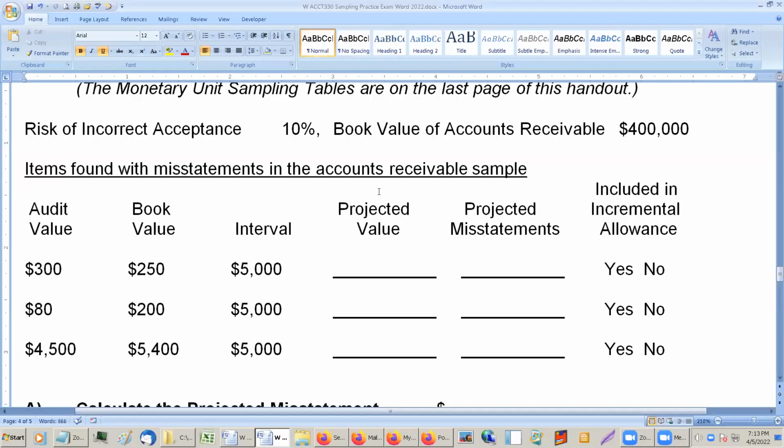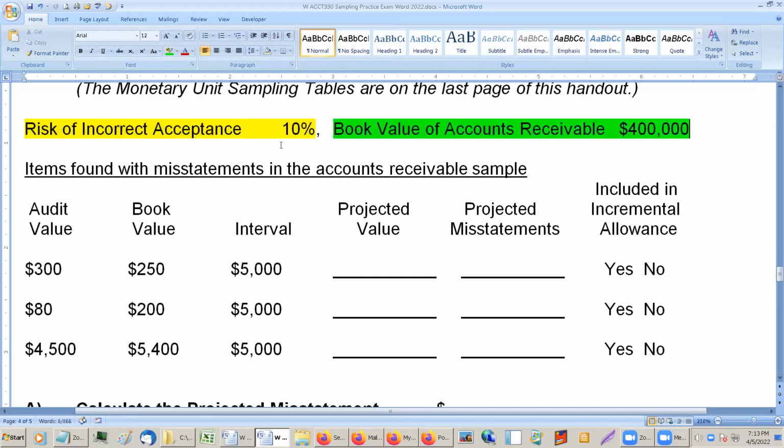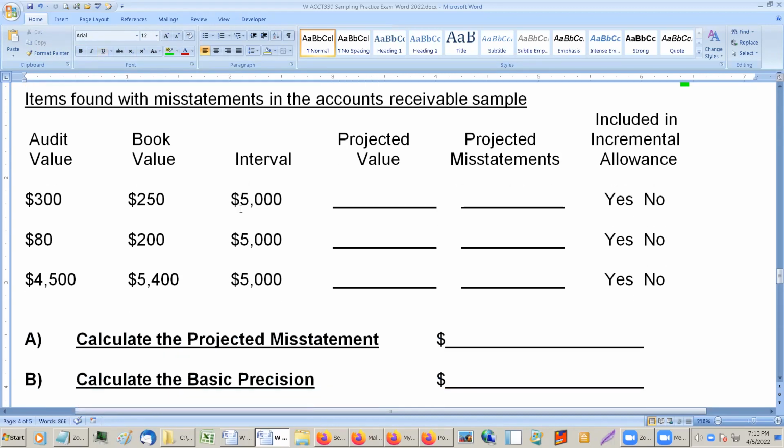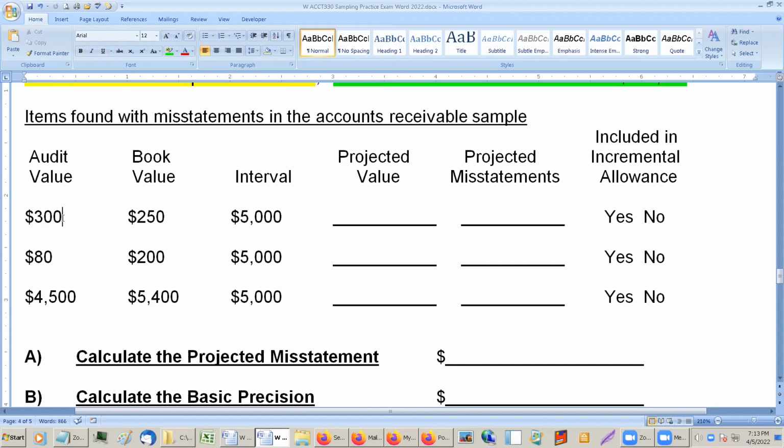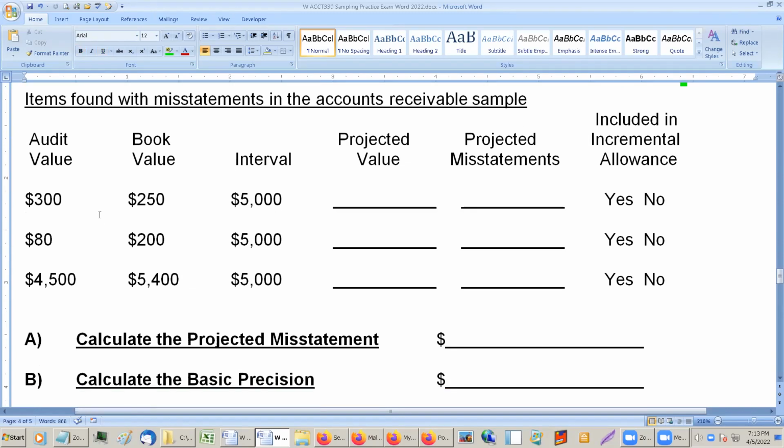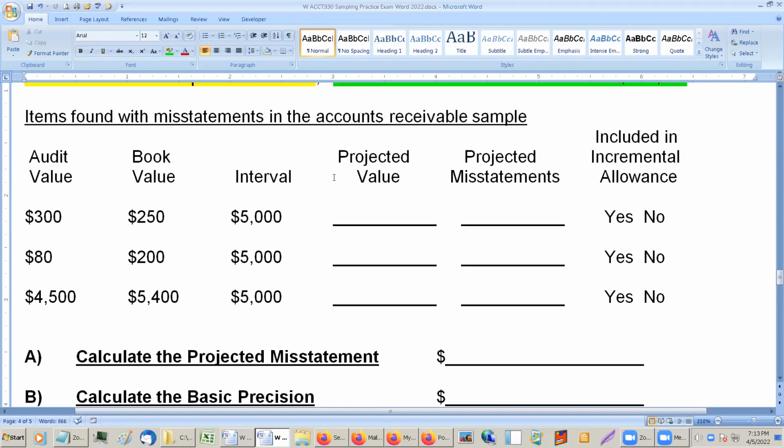So let's see, we have this risk of incorrect acceptance. We're going to come down here and we found 3 misstatements. And so we want to know what the projected misstatement is and if it's going to be included in the incremental allowance.